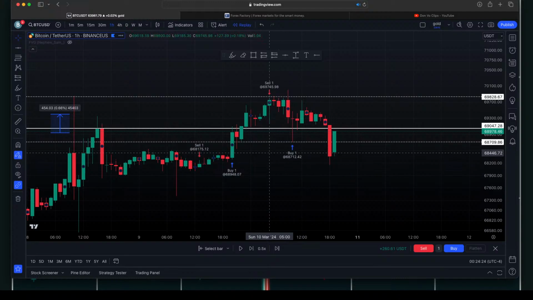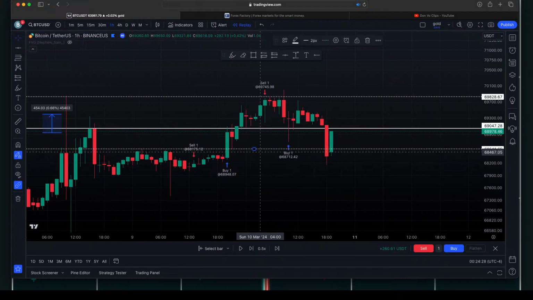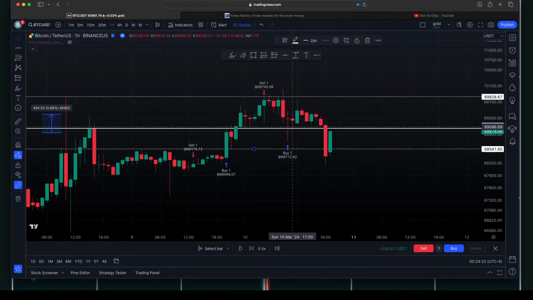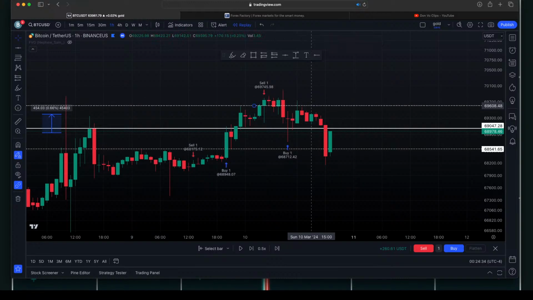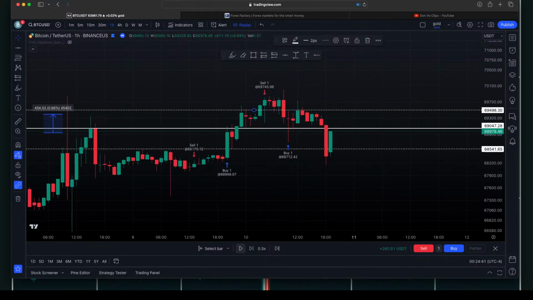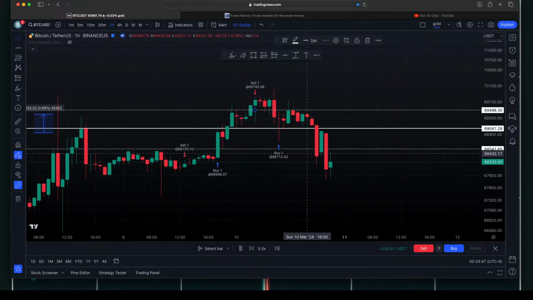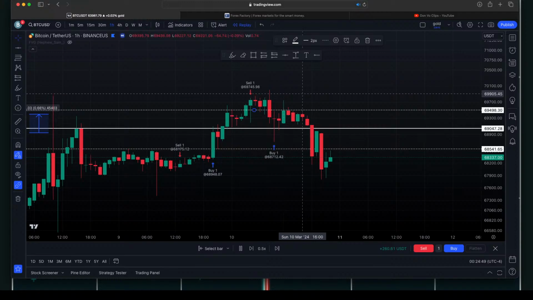Oh. But now that we've broken these lows, where is the next target? So the next target would most likely be these highs right here. If not, I would say this high right here, this high right here. Oh, nope, nope. Oh, okay, there it goes.